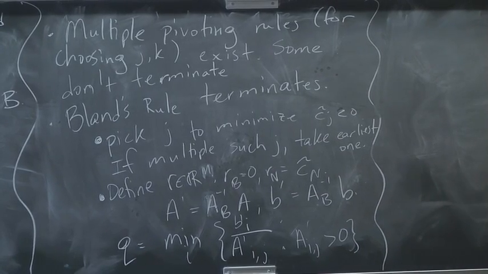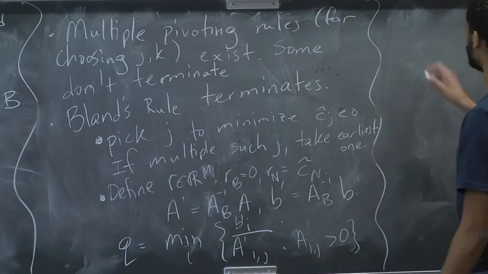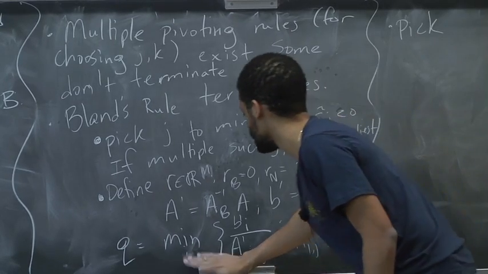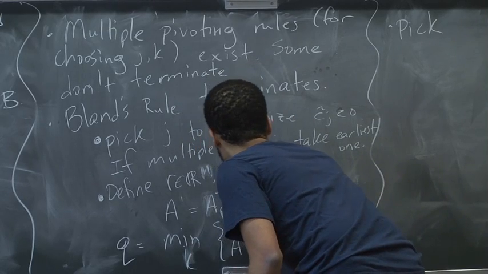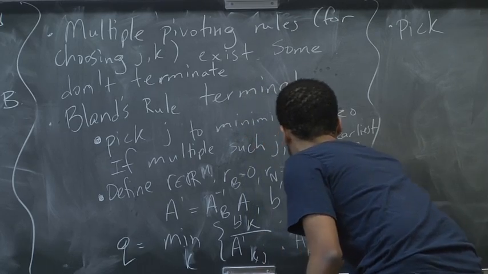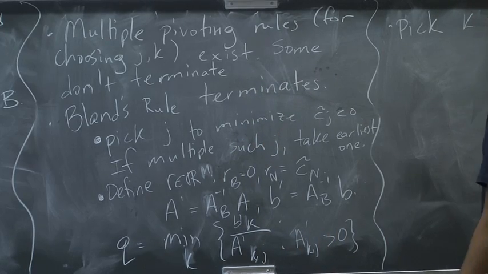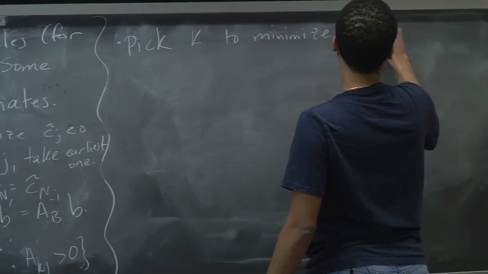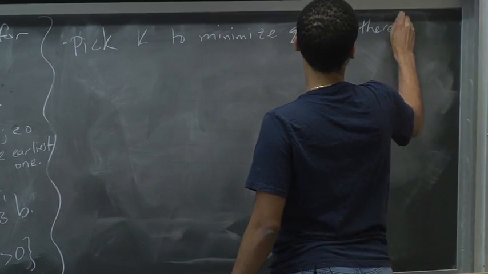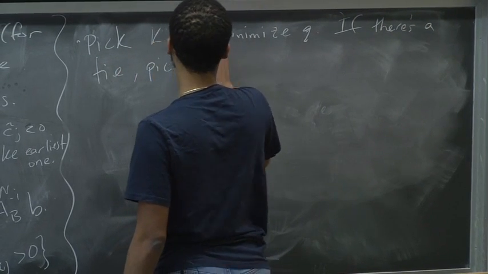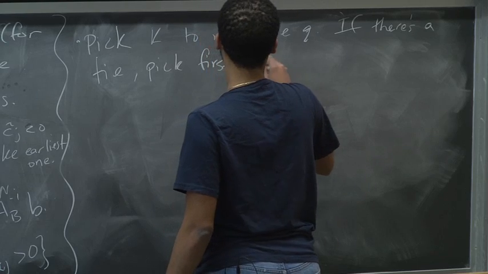And then what you do is you pick, I said k before, let me write this as k. You pick k to minimize q. If there's a tie, you pick the first k minimizing q.